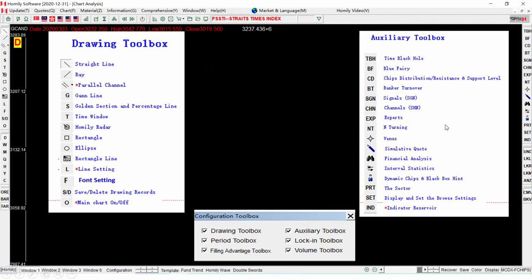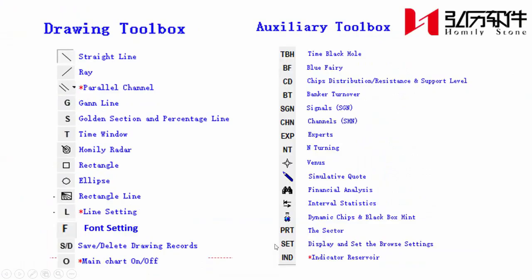This is the software. The left side is the drawing toolbox. If you want to draw the trend line, the pipeline, we can go to the left side drawing toolbox. On the right side here is the feature indicator. All homely feature indicators are here. Here is the bottom, choose window 1.